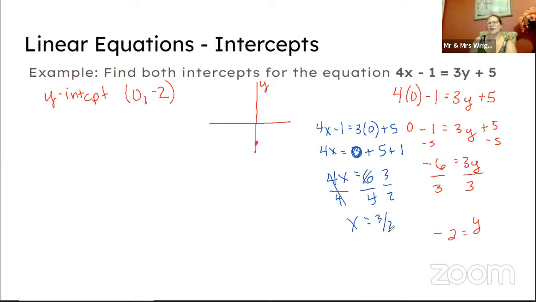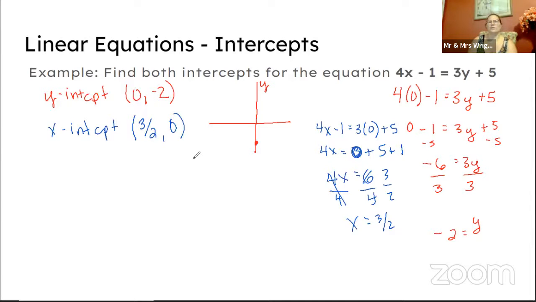So my x-intercept, that's not how you spell intercept, I'm abbreviating. If x equals 3 halves, that's the same thing as 1.5, or you can write it as an improper fraction, 3 halves.